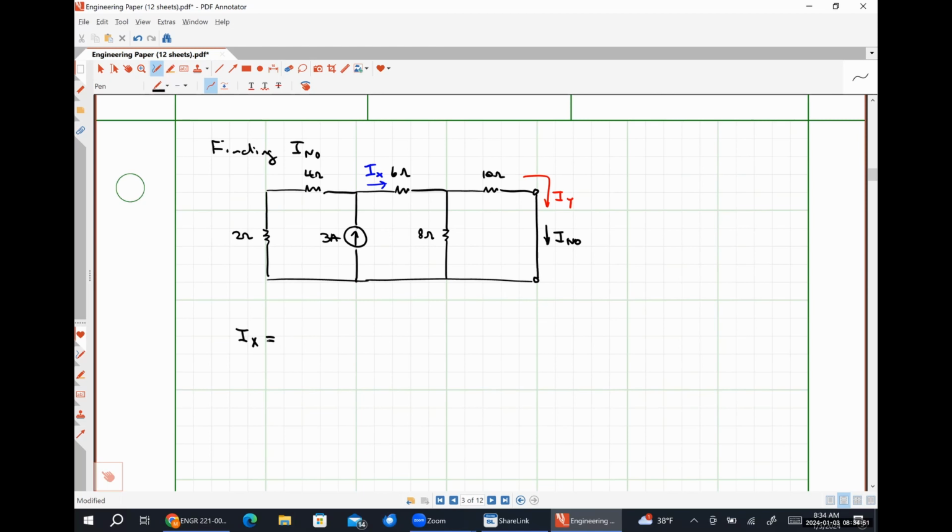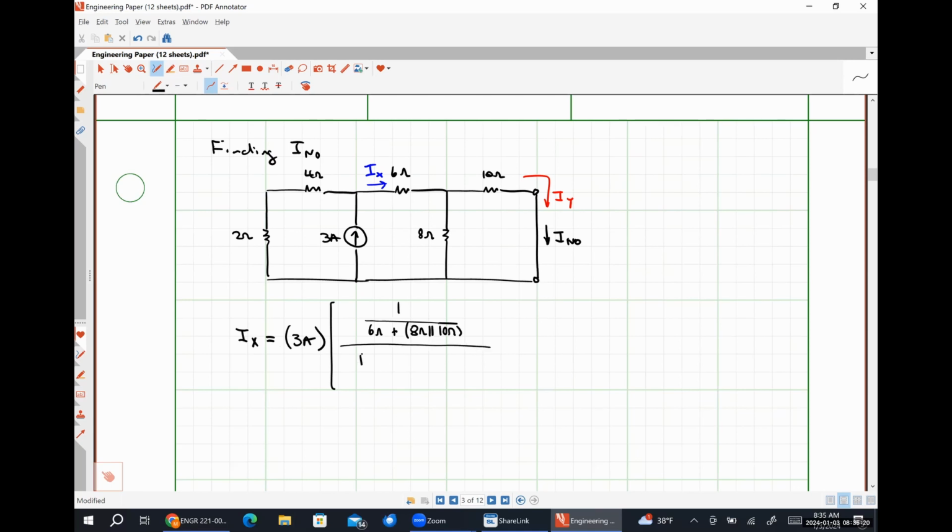So IX is going to be 3 amps. I'm trying to find the current that's flowing to the right. So to the right, I have a resistance of 6 ohms in series with 8 in parallel with 10. So I'm just going to write that as 8 in parallel with 10 like so.